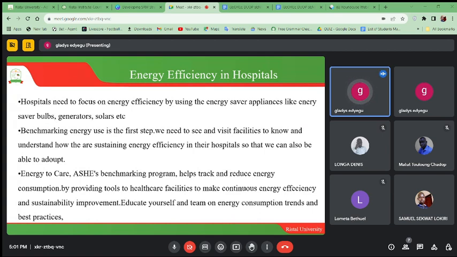Because when there is a lot of consumption, we are also going to incur a lot of costs in our facilities, because we need to run the machines, we need lighting, we need to carry out other investigations, and we can't do without power. So efficiency is basically the way we use our power, the way we consume it, and the way we are able to control the use of that energy.